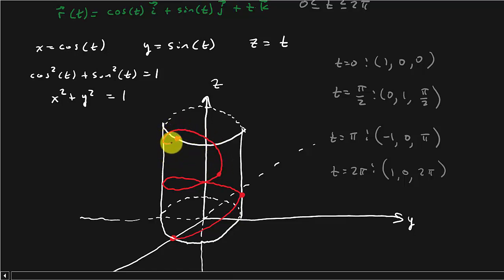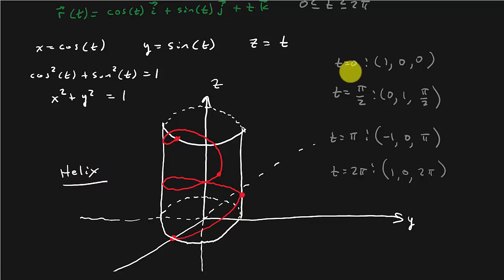Maybe something like this, and it's going up. It's going around the surface of that cylinder. It's going up, and this is what? This is a helix. Okay, and it's going up that cylinder.